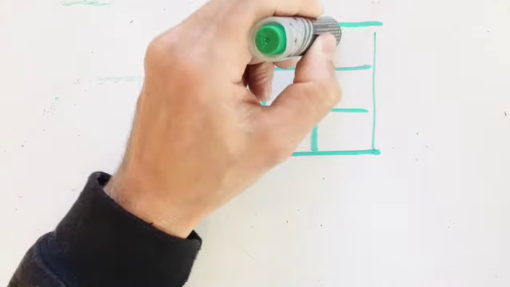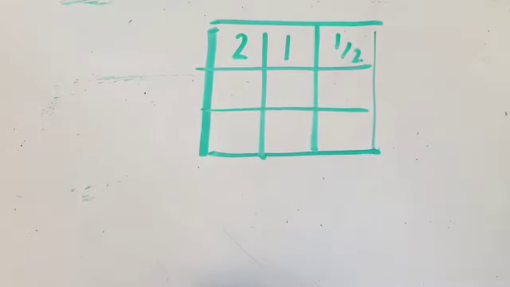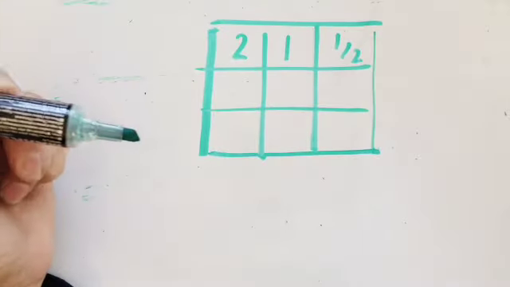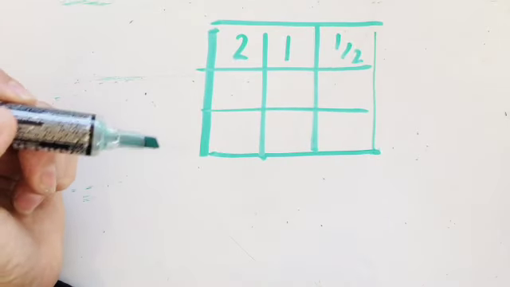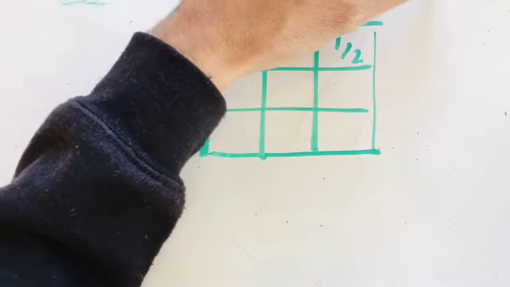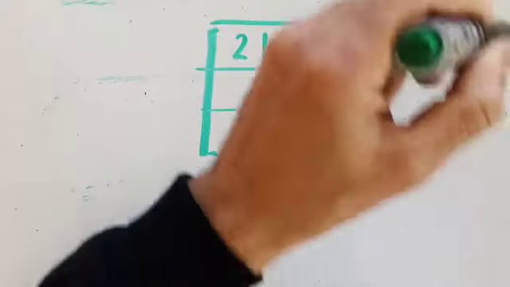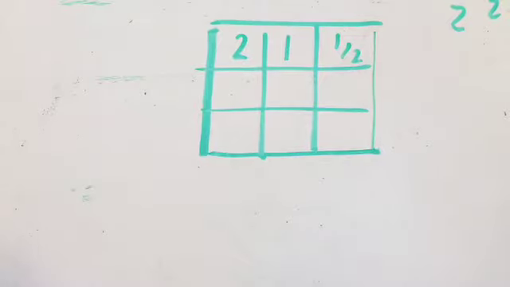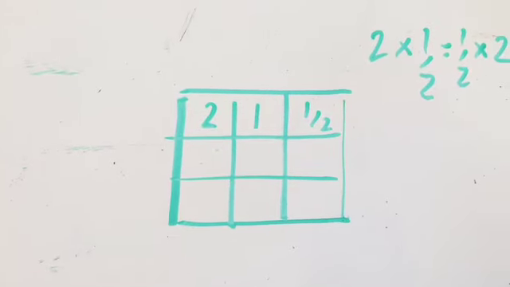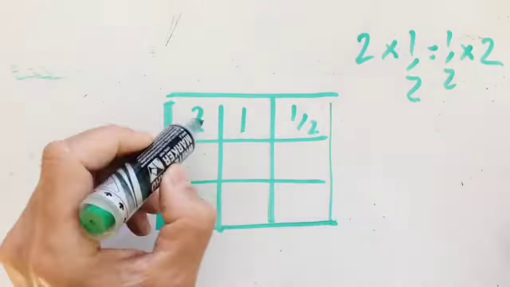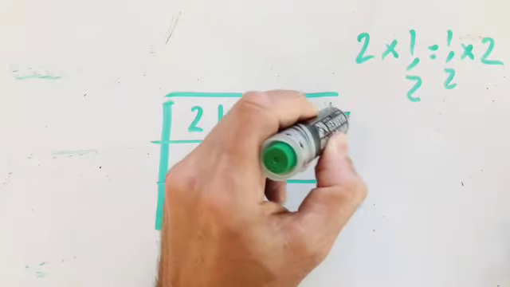And then if I times 2 by a half, then I know that I'm going to end up with 1, because 2 times a half is the same as a half times 2. So I'll pull that down so you can see that. 2 times a half is the same as a half times 2, and a half times 2 equals 1. So now I know that going across here, that would equal 1.